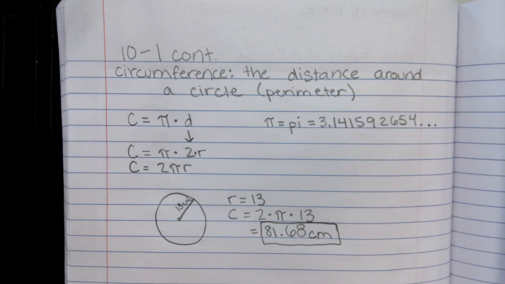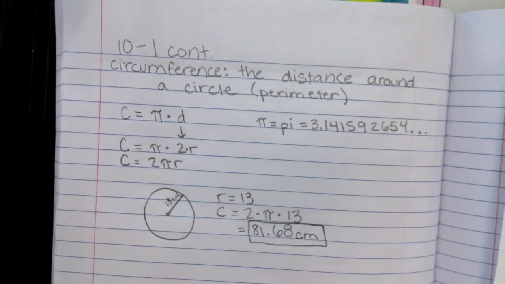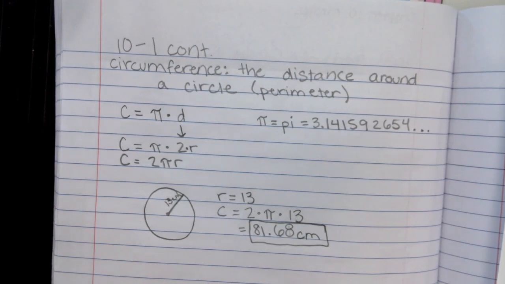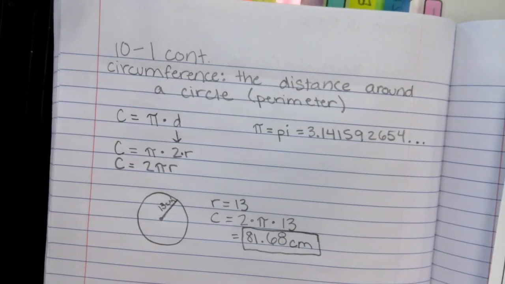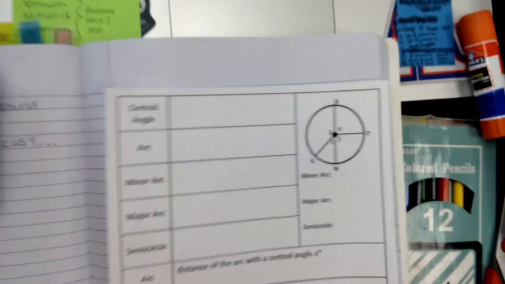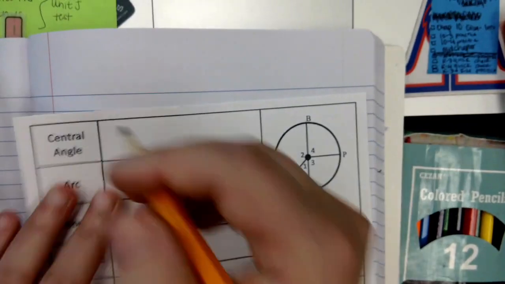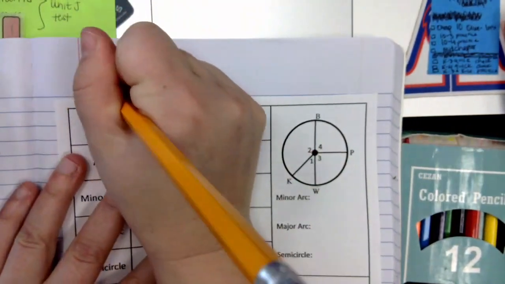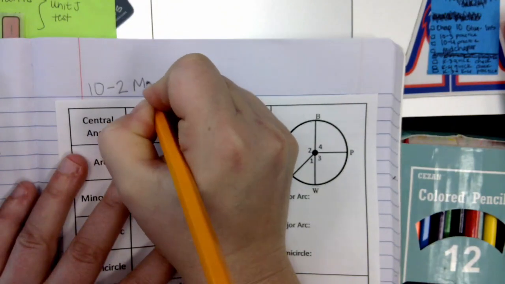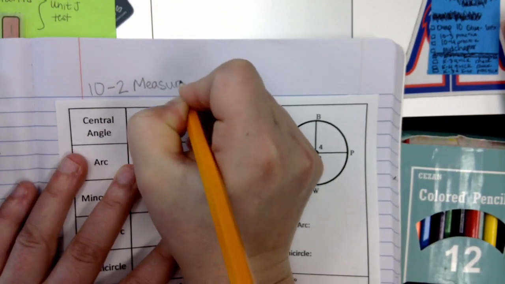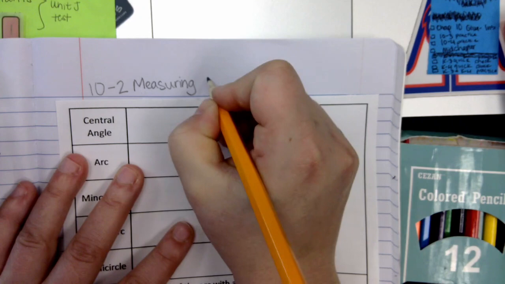You don't have to use the same ones as we do up there, but make sure you have ones that will make sense for you. Okay, 10-2, we're measuring angles and arcs. And you have a glue-in, it's going to take up the whole paper.